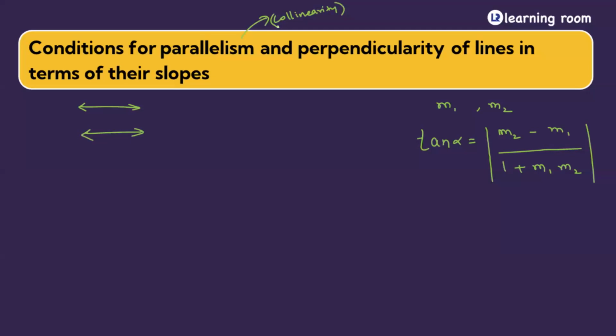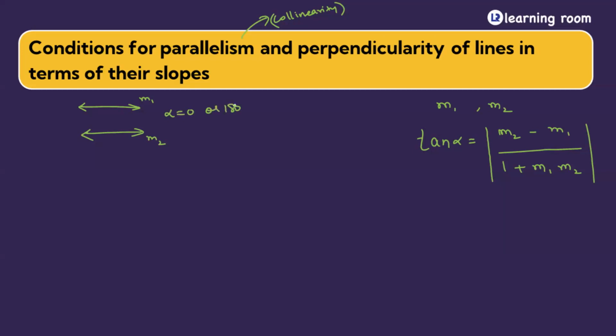So parallelism is for lines, collinearity is for 3 points. Both have the same condition, that's why I'm covering it here itself. If two lines m1 and m2 are parallel, what is the value of alpha? Think 0 or 180. So alpha is going to be 0 or 180. We'll take it as 0 itself.